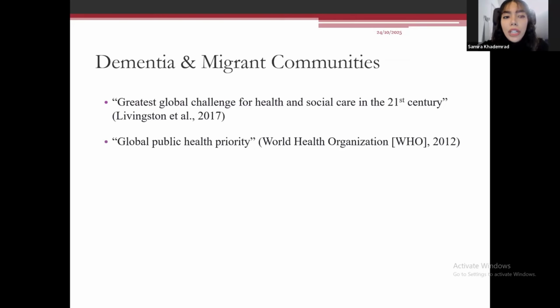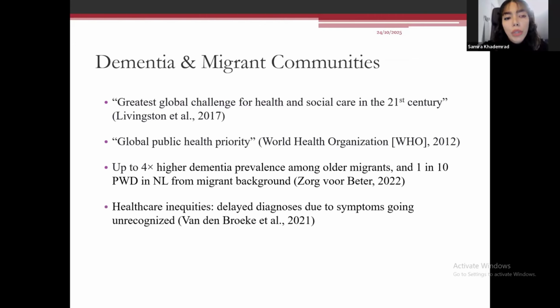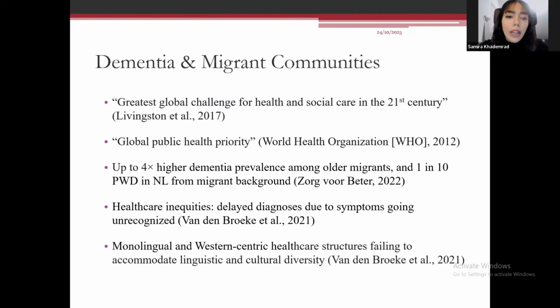The World Health Organization highlights that dementia is a global public health priority.